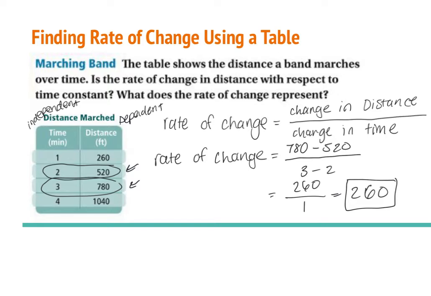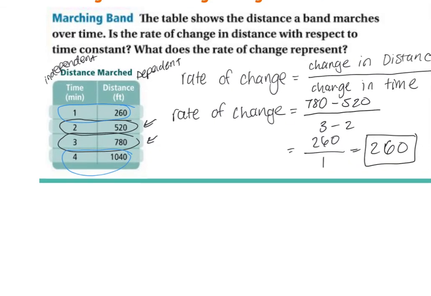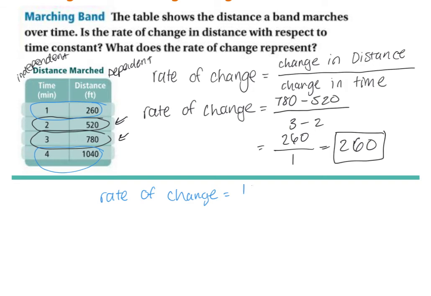All right, let's do one more, but let's use 2 different points. Roy, give me 2 different ones. 4 and 1. I'm going to use a different color so it's easier to see. So our rate of change is our second point, which is 1,040, minus the first point, which is 260, all over 4 minus 1.